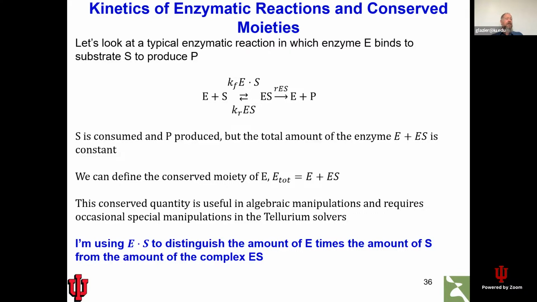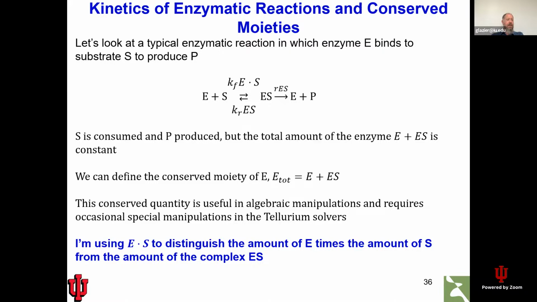Okay, so let's talk about enzymatic reactions. So one of the classic things that happens in biology is an enzyme, and we'll give the enzyme the uncreative letter E for enzyme, and it's going to bind to a molecule which we're going to call substrate S, and it will produce a product P. And the key thing about an enzymatic reaction is that the enzyme is not used up in the reaction.